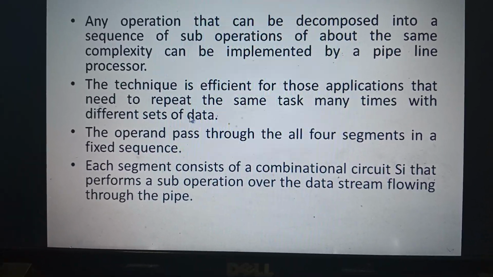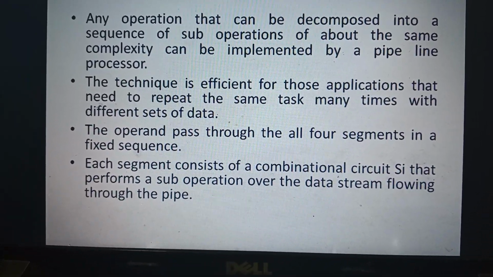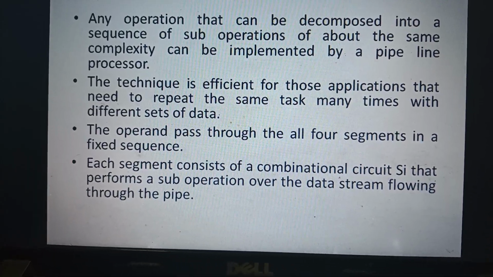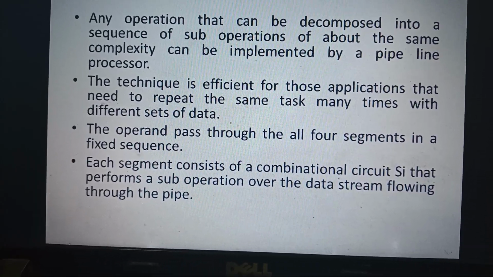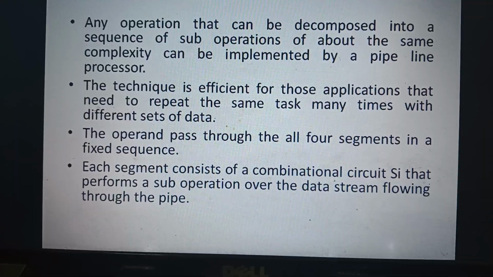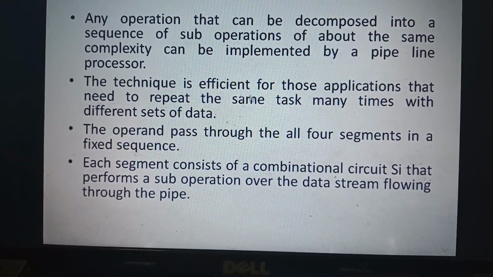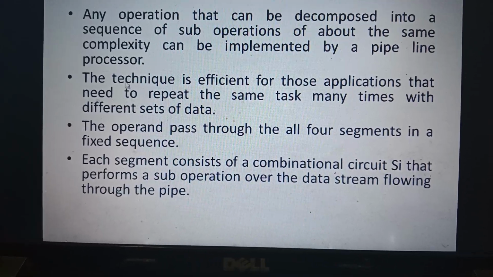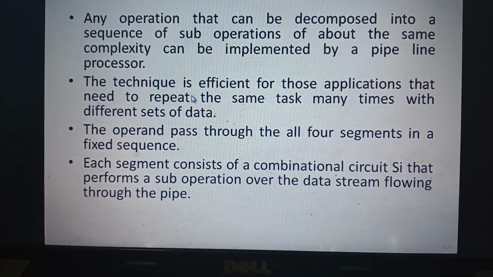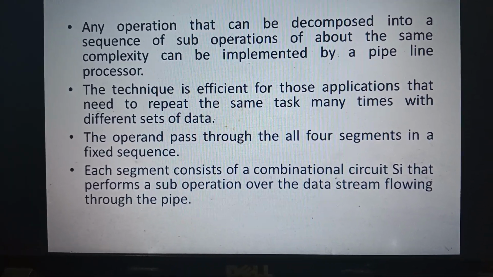Sometimes some job will consist of 4 sub operations, and we need to do that job for so many operands, many times. The job is the same, only the operands will be different, and we need to continue this for a long time.